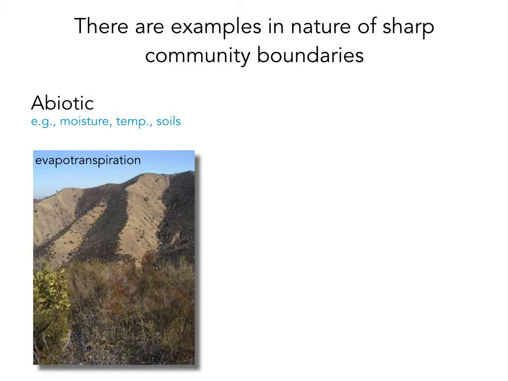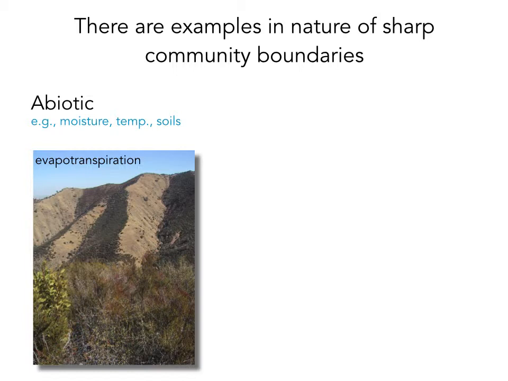You can see pretty clearly on these ridges and valleys that on the left side of the slopes, which are north facing, we see a very different type of community than on the right side of that ridge line, which is south facing, and at that ridge line is a pretty sharp boundary.